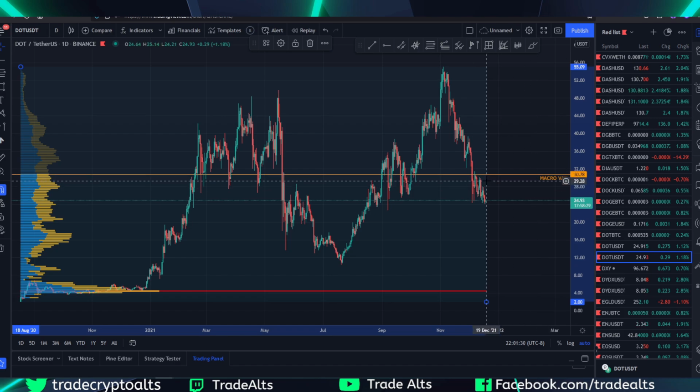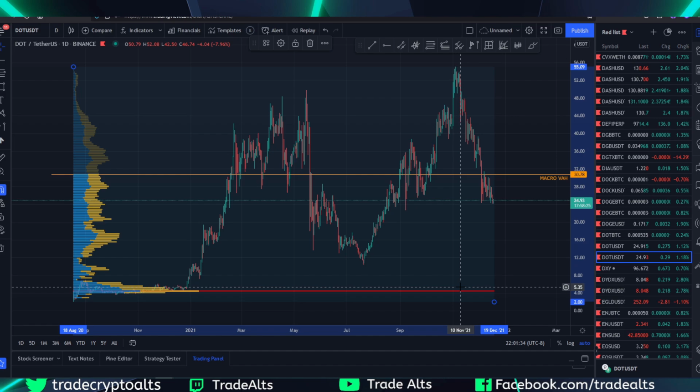When you get acceptance below your macro value area high, especially for this chart in particular, I am not looking for this. With normal ranges, if you get acceptance below your value area high, typically I'm looking for the point of control, right? Even if the chart was identical, because it's a macro value area, I trade it differently.